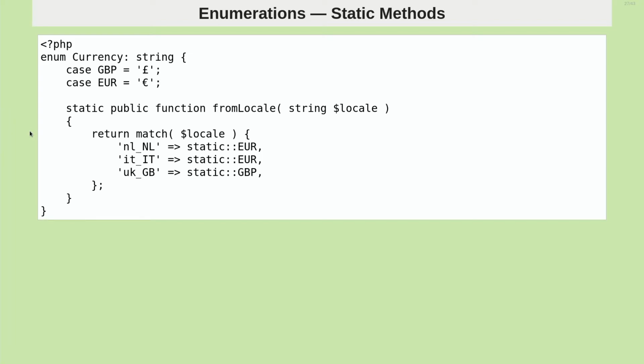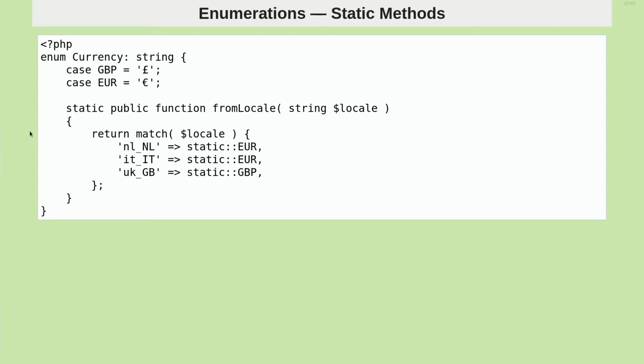Similarly, what you can also do is use a method on an enumeration to create it depending on some other value. So in this case, if it's, for example, Dutch NL, then we want to use a euro sign. If it is Italy, then we want to use a euro sign. If it's the UK, then we want to use GBP.